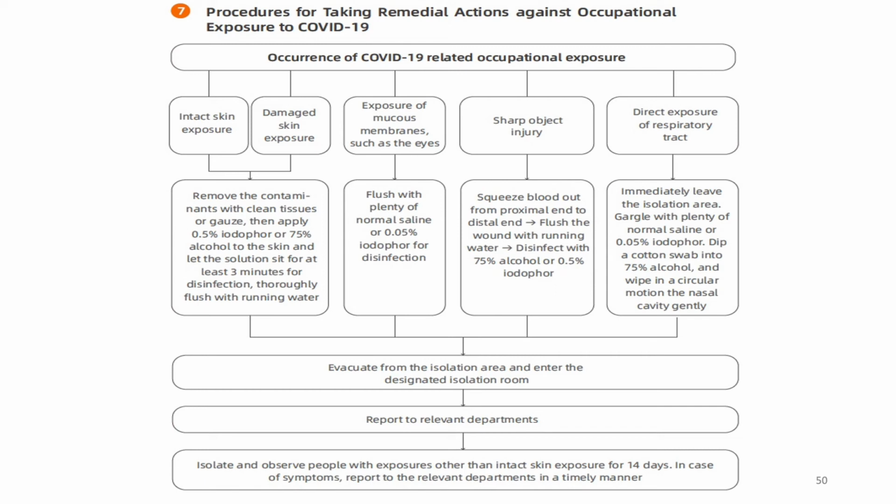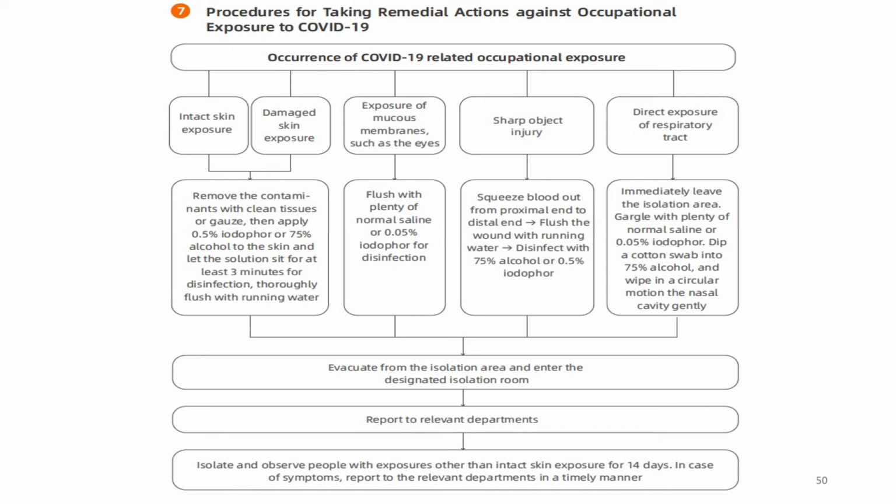And if it's a direct exposure of respiratory tract, the answer is immediately leave the isolation area. Gargle with plenty of normal saline or 0.05% iodophor. Dip a cotton swab with 75% alcohol and wipe in a circular motion the nasal cavity gently.